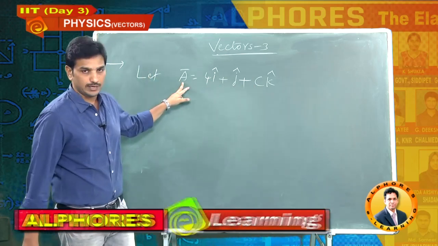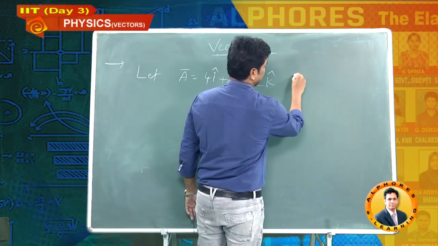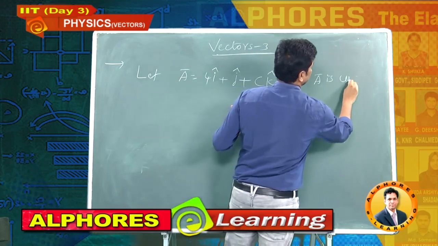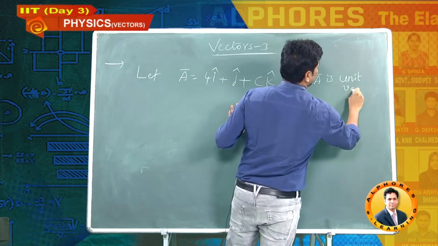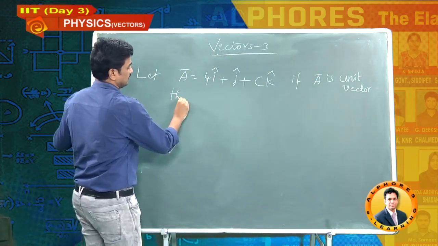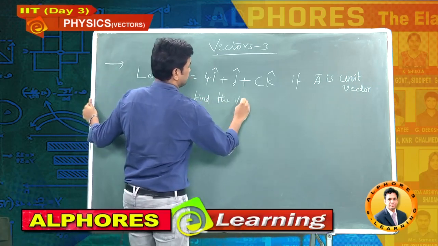If it is a unit vector, then find the value of c. What is the question? If A bar is a unit vector, then find the value of c.